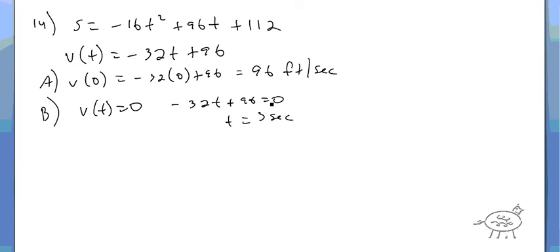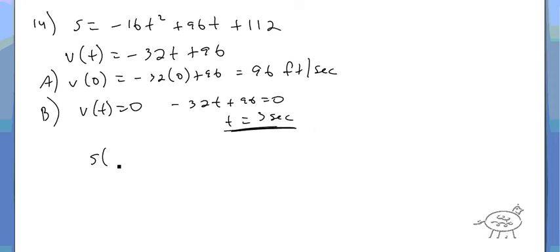Okay, but they want to know what the position is when the velocity is 0. That's why it's a little bit of work in here, but not a big deal. The maximum height and when it occurs. All right, so it occurs at 3 seconds, and then the maximum height, you just plug it back into the original equation.